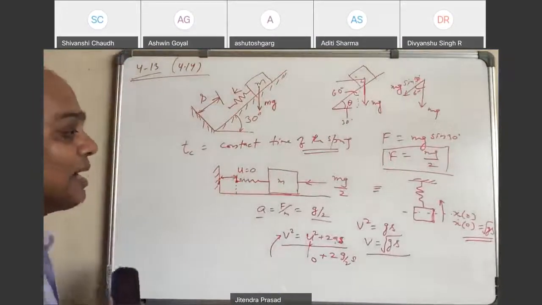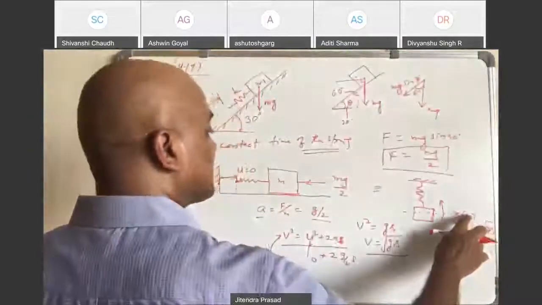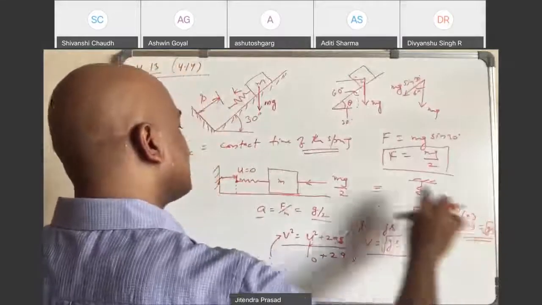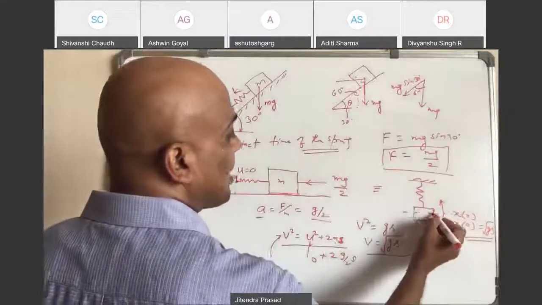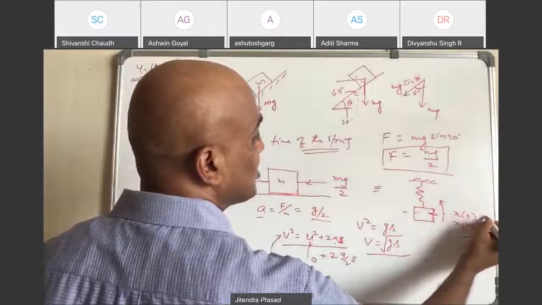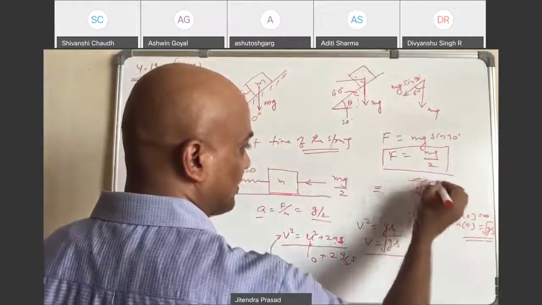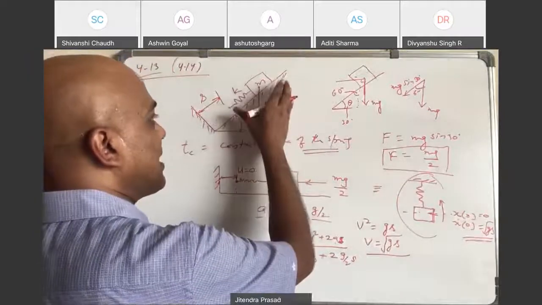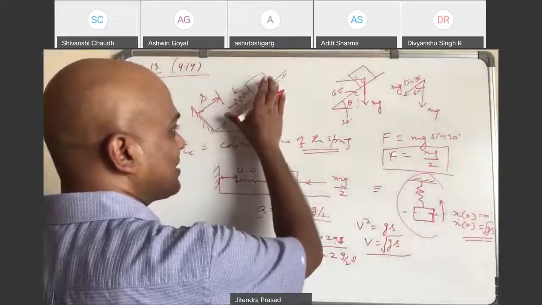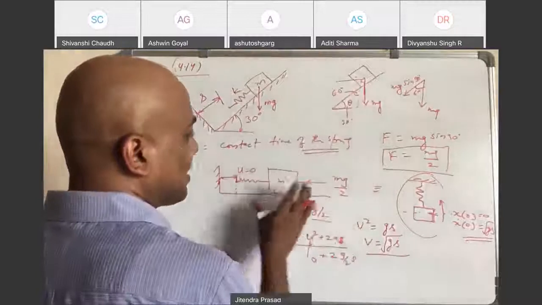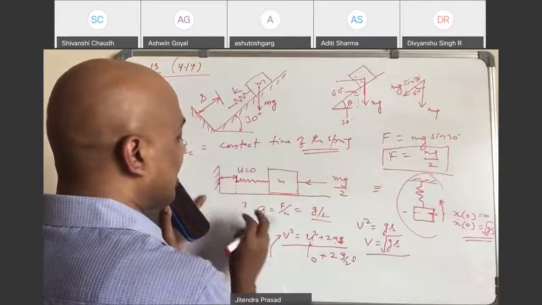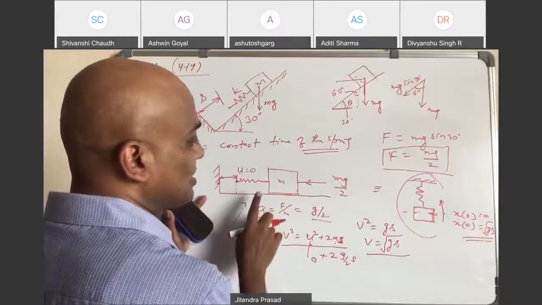Yeah, and what is x naught? In this case, you can assume x0 equal to 0, because we are now talking about this system. Okay, so from this system, we find out the initial acceleration. Then from this system, we find out when the spring is in touch with the wall, what the velocity is.